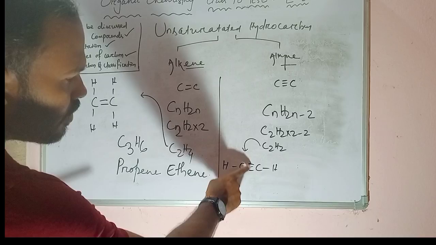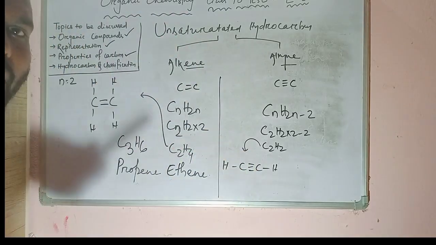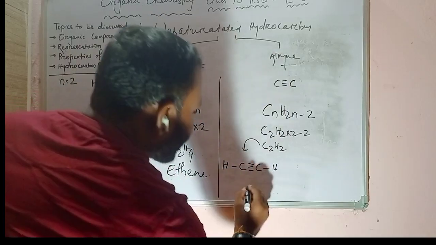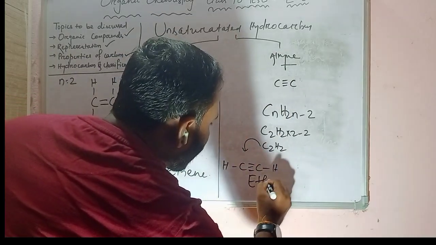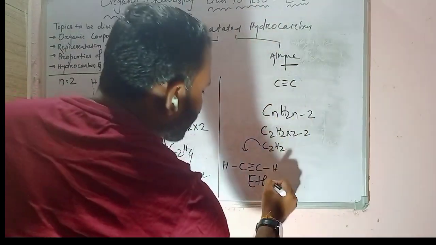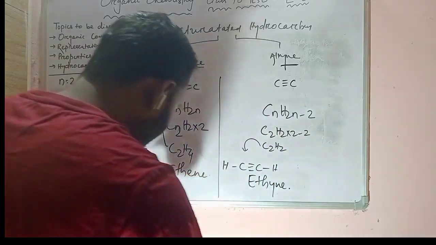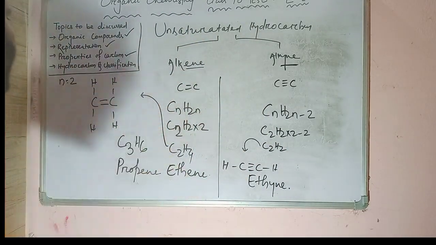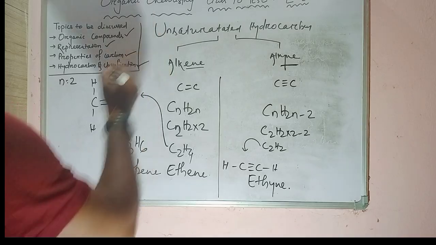That means there is a triple bond here in this particular case. Then we can write, for this C2, what? Eth. C2 means eth, and what will be the suffix? yne. So it is ethyne. I hope you understood this concept of hydrocarbons and their classification.